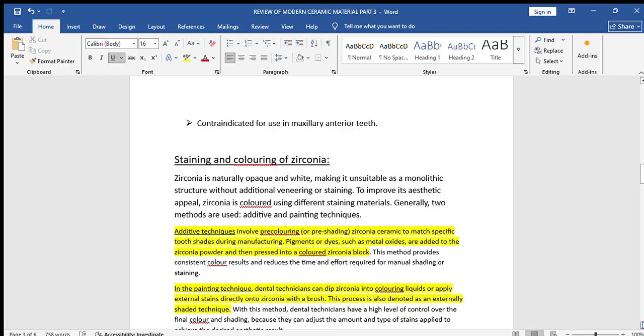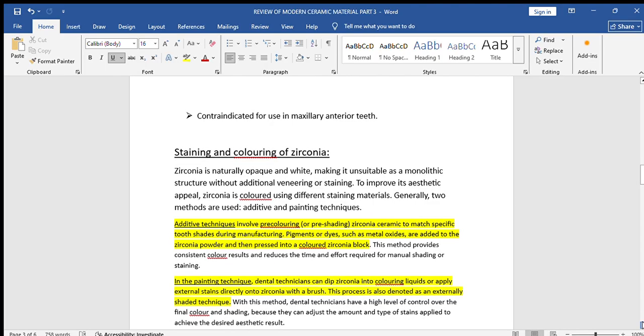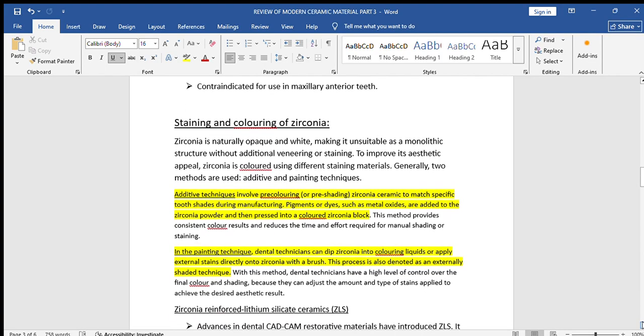Now, what is the difference between them? The additive technique involves pre-shading zirconia ceramic to match a specific tooth shade during manufacture. During manufacturing, we add certain pigments or dyes such as metal oxides to improve its aesthetic outcome. This method provides consistent color results and reduces the time and effort required for manual shading or staining.